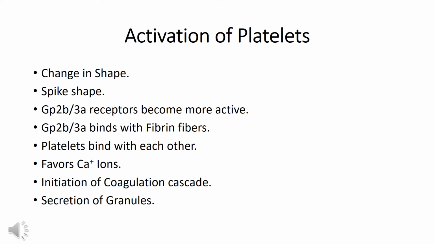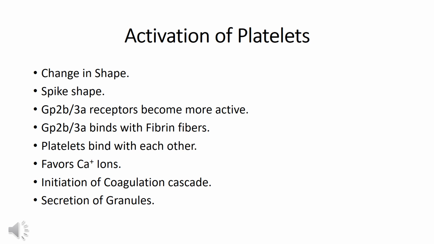The shape changes from convex to spike shaped. It means they get more surface area, and the receptors, especially glycoprotein 2b and 3a receptors, become more active and more exposed on the surface of the platelet.